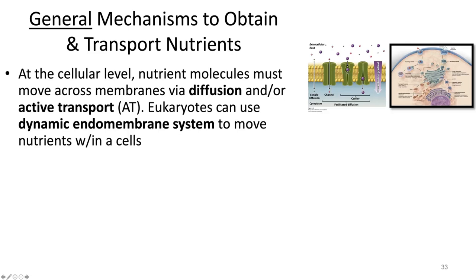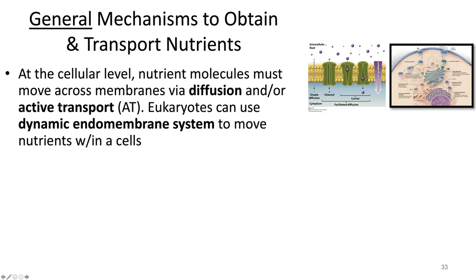Often this will involve the use of energy to move things up their concentration gradient. Sometimes it'll go from a higher concentration to a lower concentration, sometimes from a lower concentration to a higher concentration. But in any case, active transport is always going to require energy. This is a key aspect that differentiates it from diffusion.